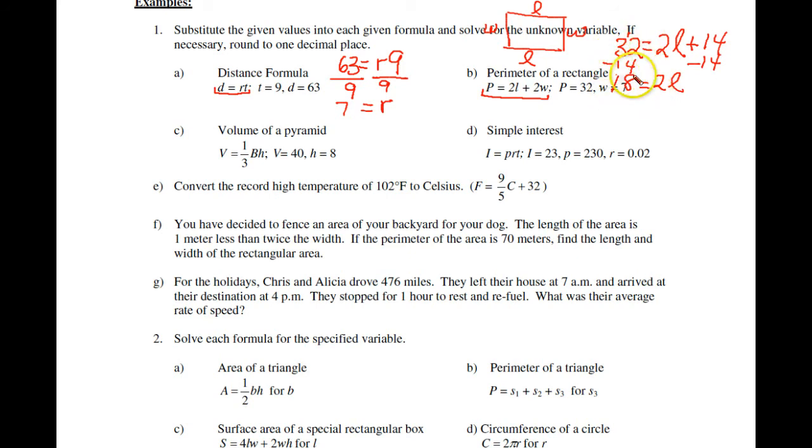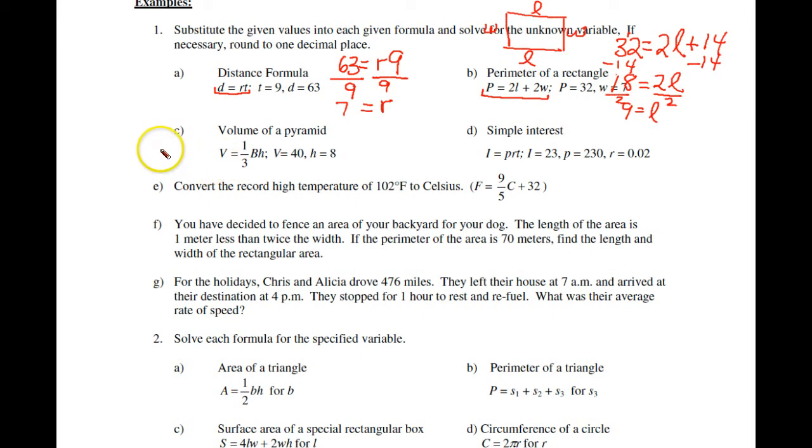Okay, so our 2L equals 18. We're going to divide both sides by 2. We get L equals 9. And that was the letter we didn't know.